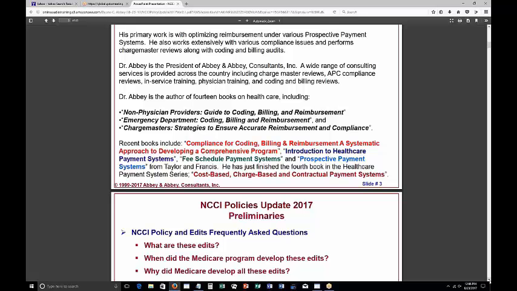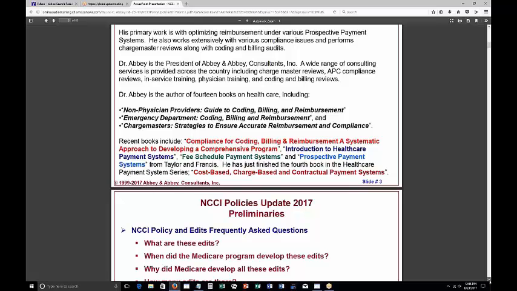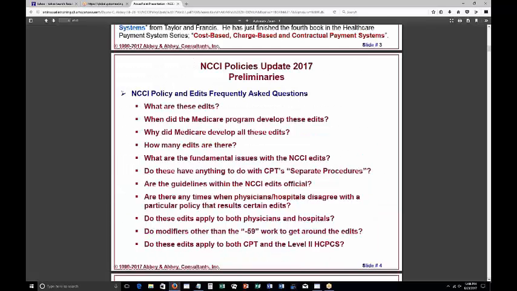Well, what are these edits? What are we talking about here? Well, there are 2 types of edits, as we shall see. There are what I call the absolute edits. In other words, 2 CPT or HCPCS codes that can never be used together. You never put them together in a claim. No matter what modifiers you have, they never go. Okay, those are absolute edits. Most of the edits are relative.